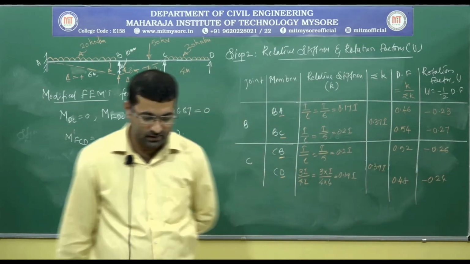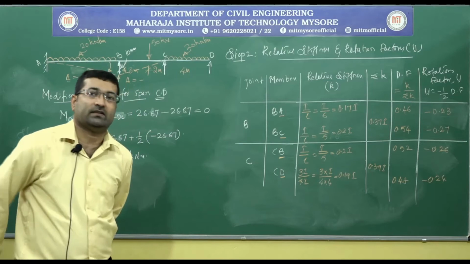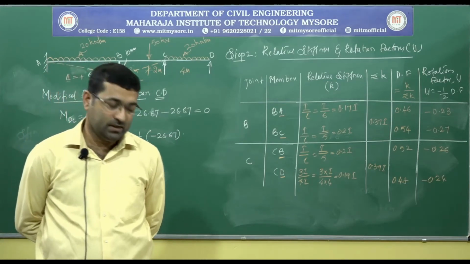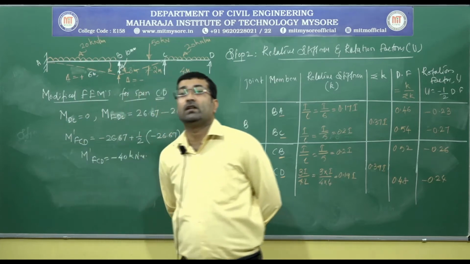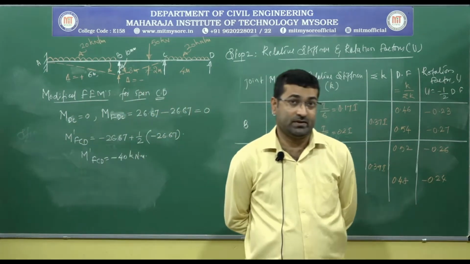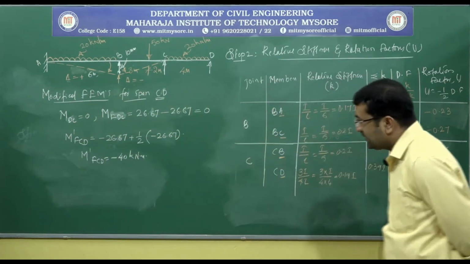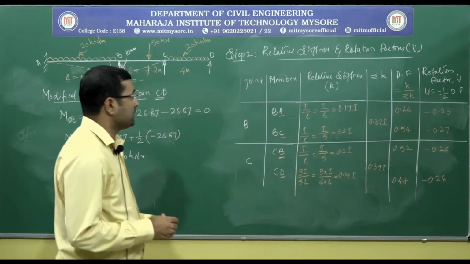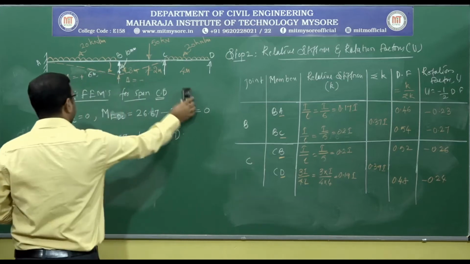These are the rotation factors, right? These factors we need to use in the calculation of the rotation contributions, that is in step number 3. Okay, so let me start with step number 3.